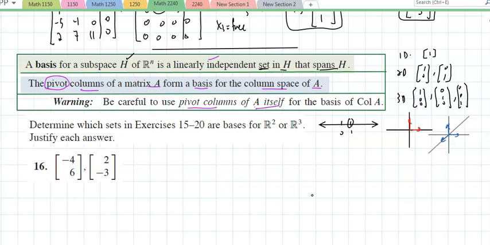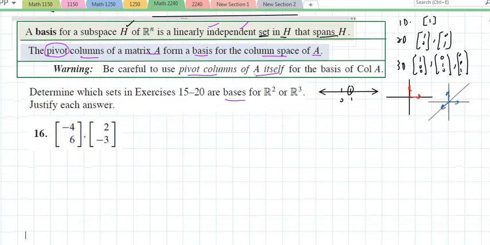They're asking: determine which sets in problems 15 through 20 are bases for R2 or R3. What does basis mean? Are those two vectors linearly independent? There are a couple of ways we could figure that out. Since there are only 2 of them, it's very simple.